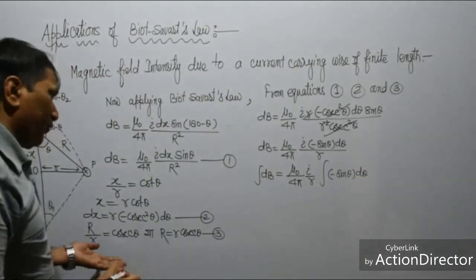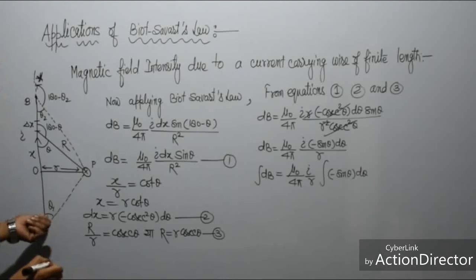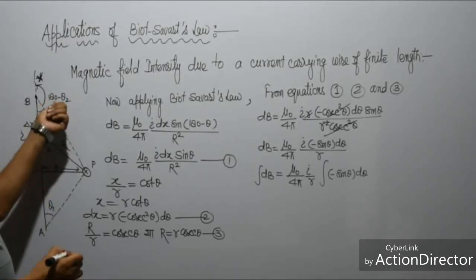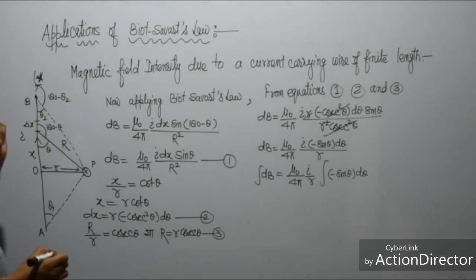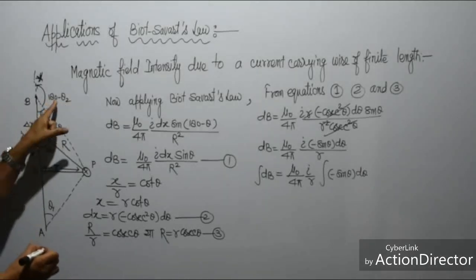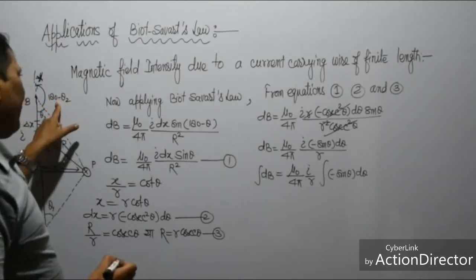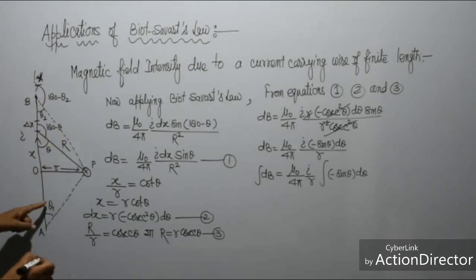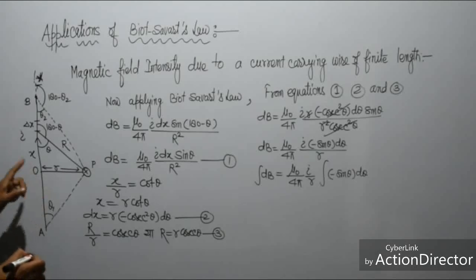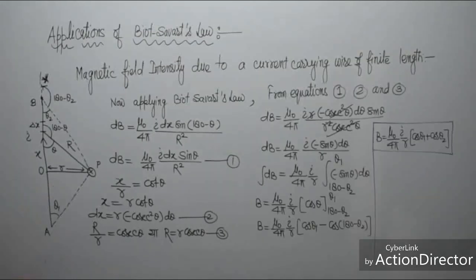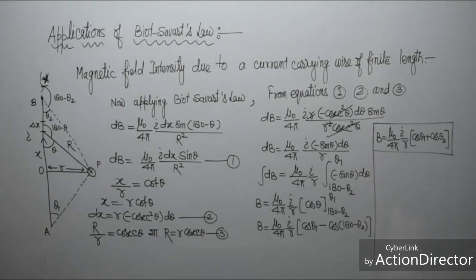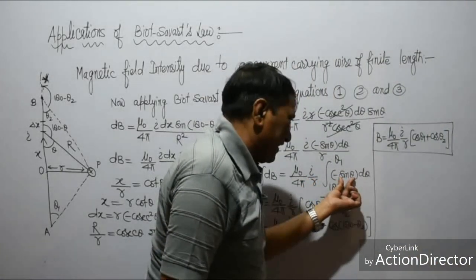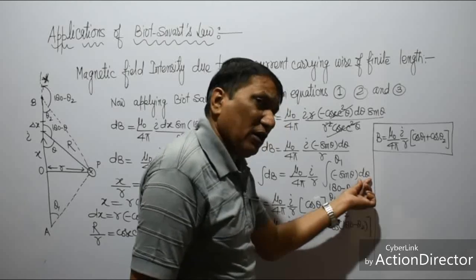What is the limit of theta? Theta starts from theta 1 to 180 minus theta 2. Starting from here, so upper limit is 180 minus theta 2 and the lower limit is theta 1. यहाँ ये इंटीग्रेशन माइनस साइन थीटा डी थीटा आपको लेना है.